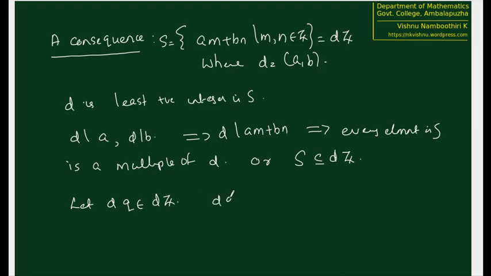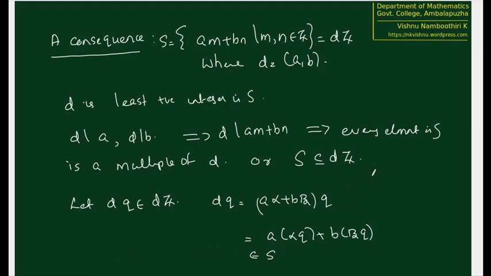So DQ is equal to (A alpha plus B beta) into Q, which is A alpha Q plus B beta Q. But this is of the form Am plus Bn, therefore this belongs to S. So every element in DZ is going to be there in S.